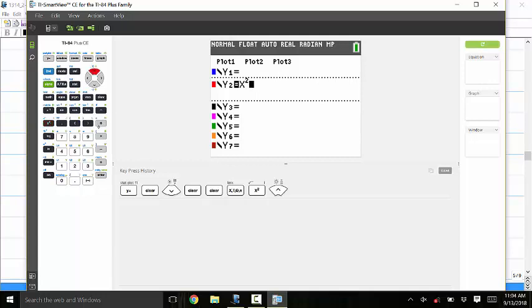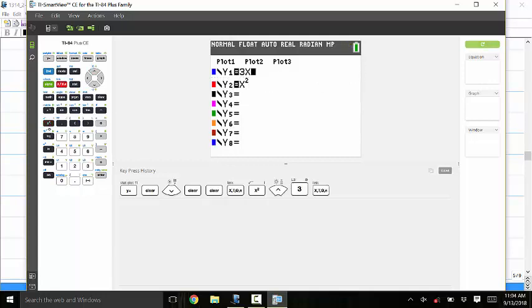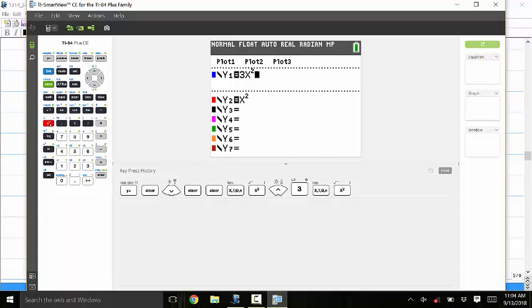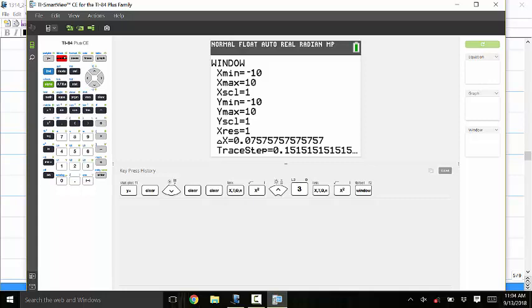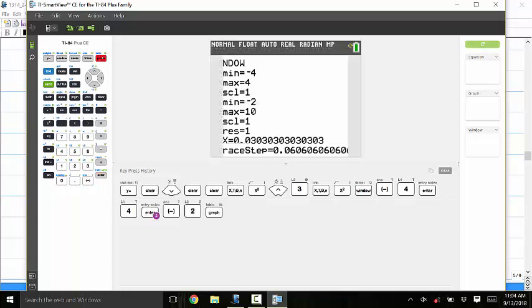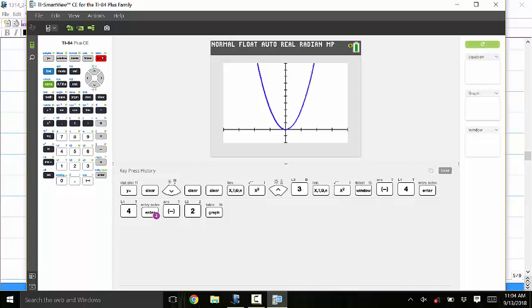And in our blue function, we're going to put in 3x squared. Okay, there's 3x squared. There's x squared.